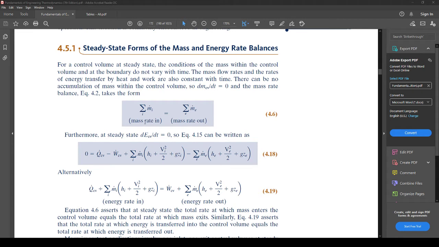We've seen this first equation right here: the summation of mass inlet has to be equal to the mass of the exits. This is just the conservation of mass principle. And then it says at steady state, the energy of the control volume with respect to time does not change, right? So it can be rewritten as the following.